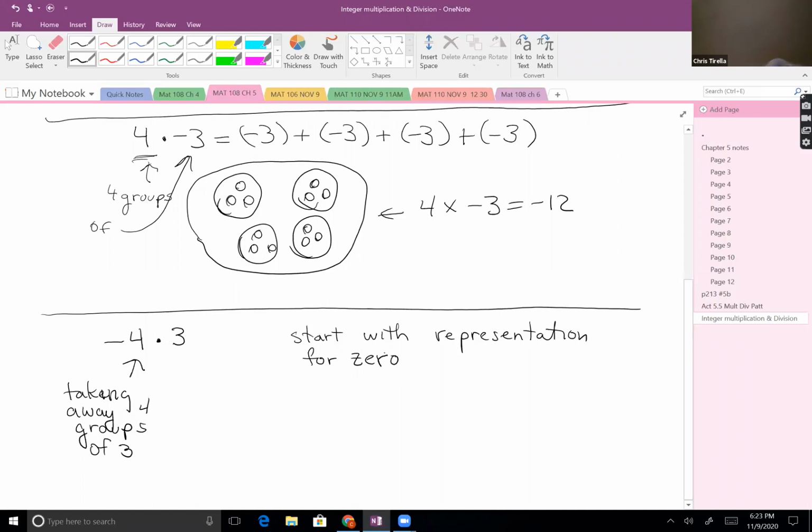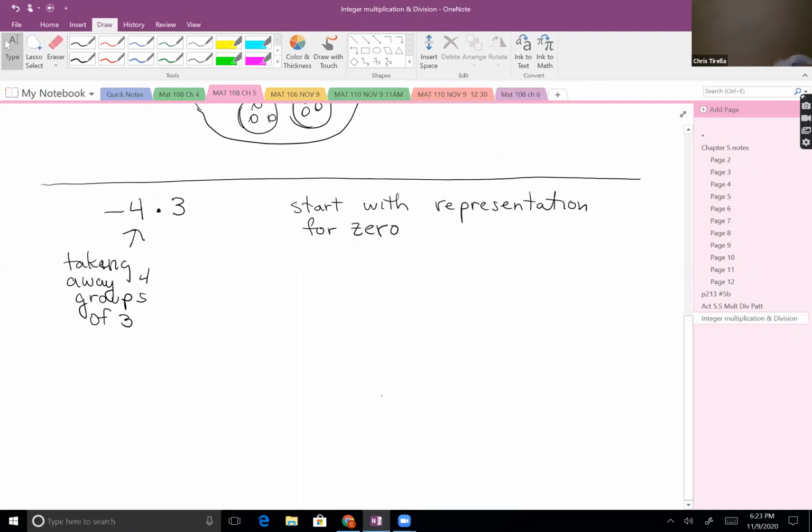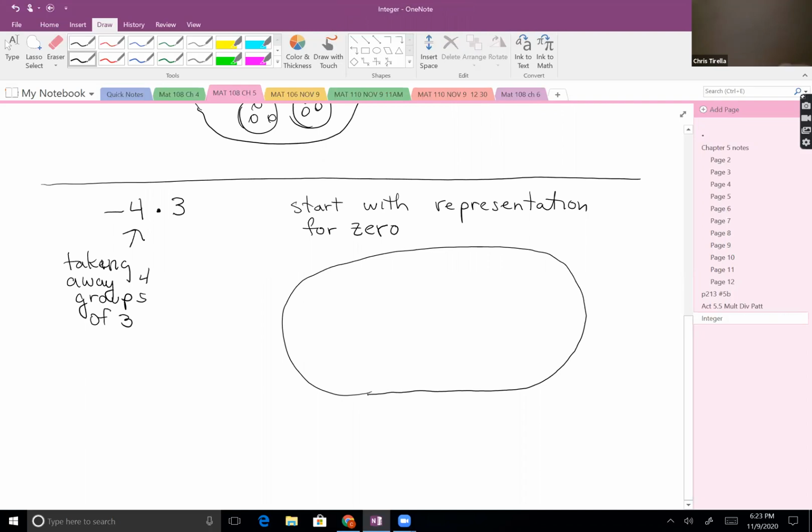And if you can remember, last class we said any representation would be equivalent to 0 if it had the same number of black counters as red. So every time I put in a black, I want to put in a red.